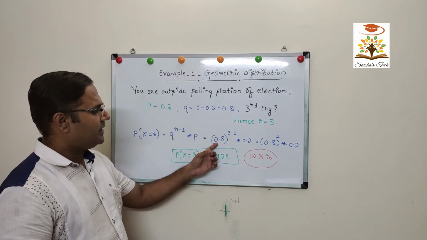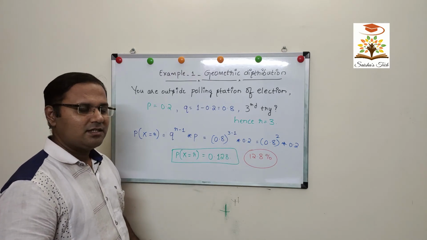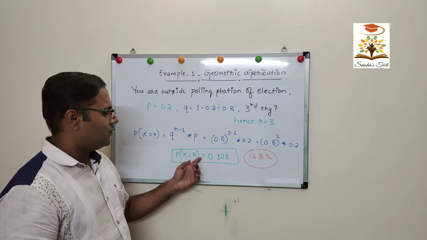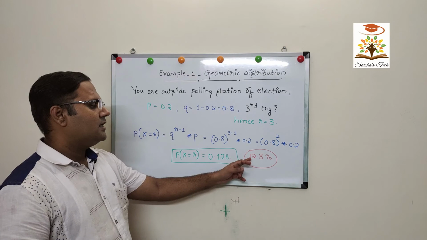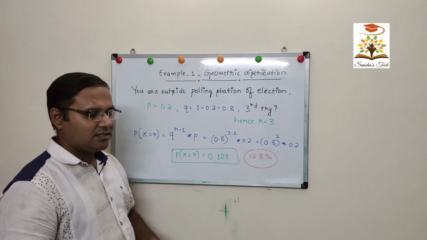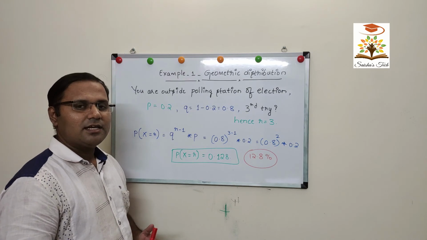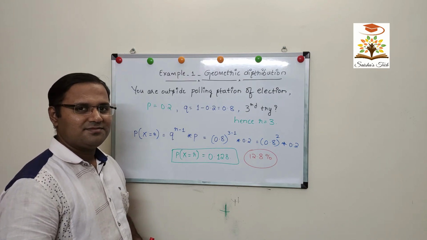That is 0.8 raised to 3 minus 1 into 0.2, and by calculation the probability density function for the geometric distribution would be 0.128, which means there is 12.8% chance that the third person whom you are questioning has voted for the independent candidate who is running for the election.